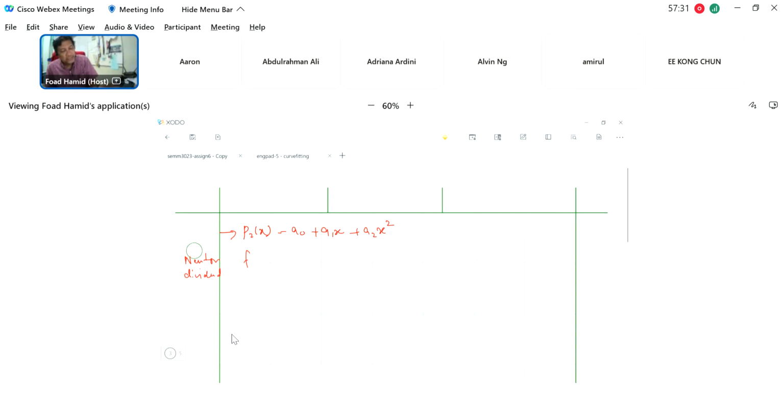we need to change the notation here. f2(x) is, I think in your textbook, the letter b: b naught, plus b1 times (x minus x naught), plus b2 times (x minus x naught)(x minus x1).